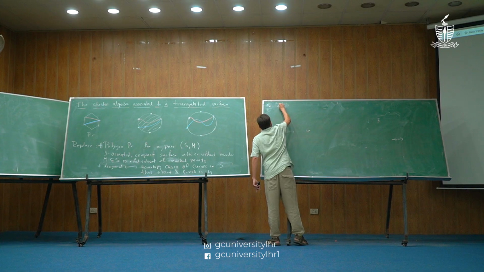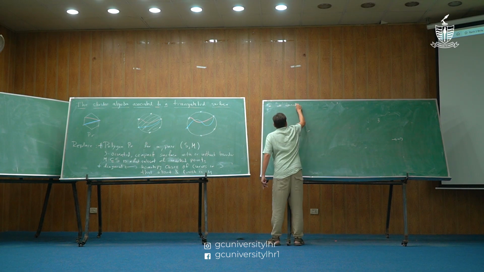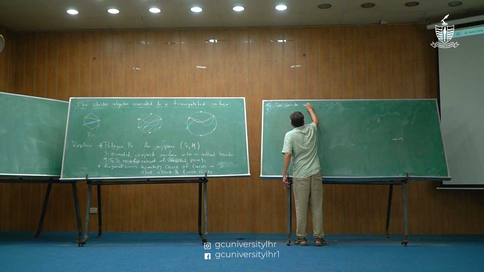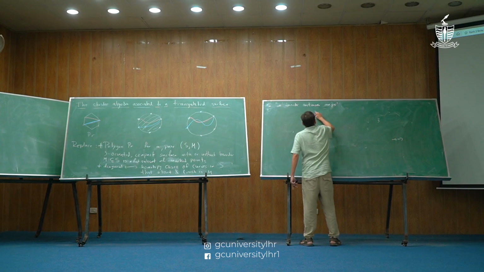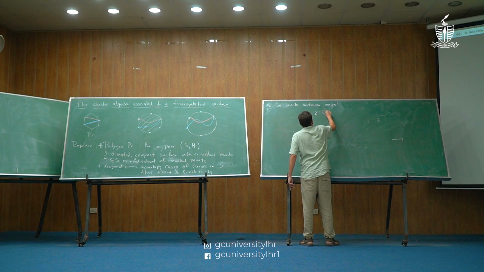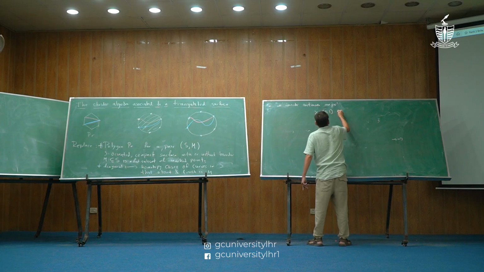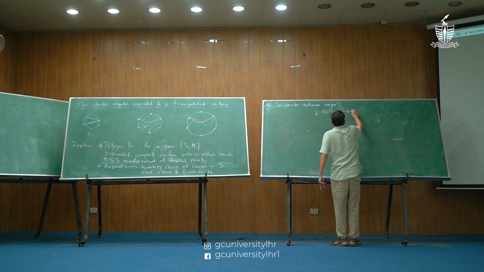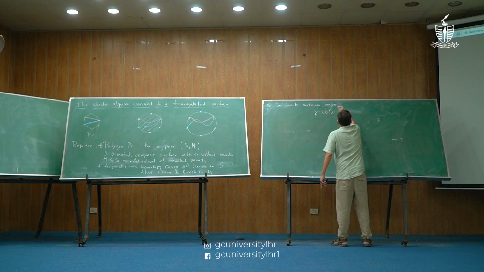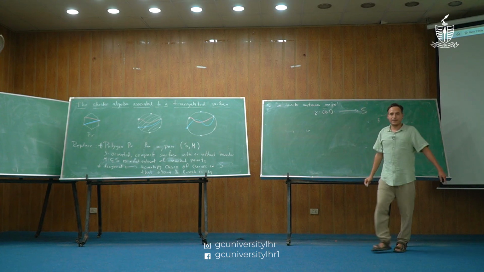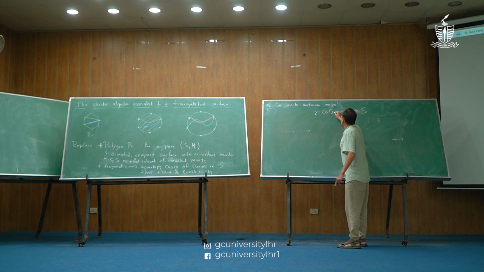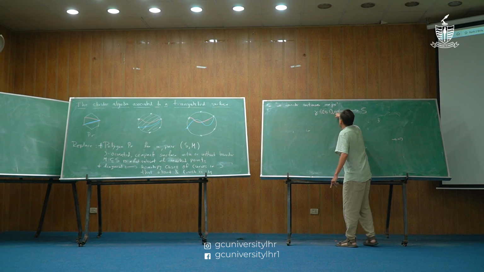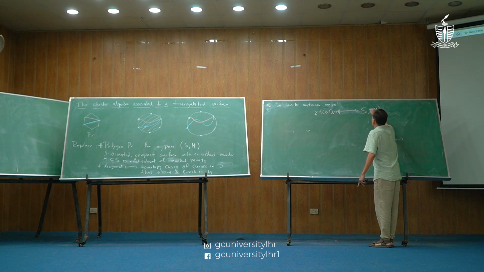We consider continuous maps gamma from the interval to the surface, and I will ask that the endpoints go to marked points.